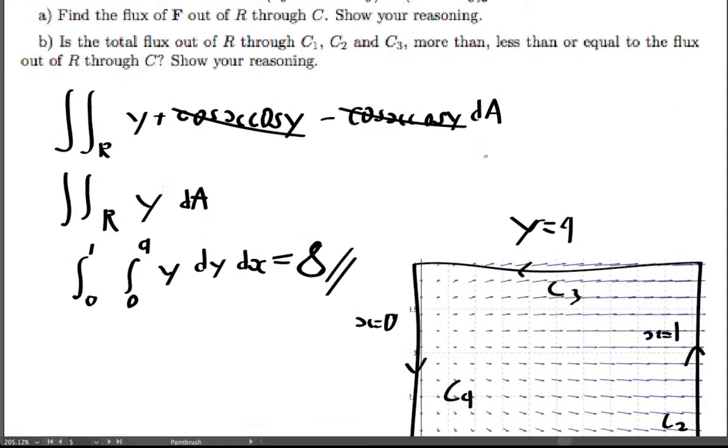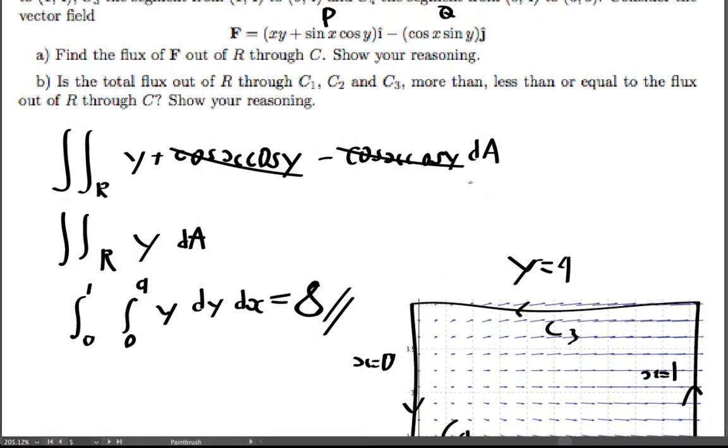C1. When you plug in C1, with mental calculation, y is 0. When y is 0, most of them will turn to 0. Sin y there turns into 0. Wait, don't forget one thing, okay? We are talking about flux.